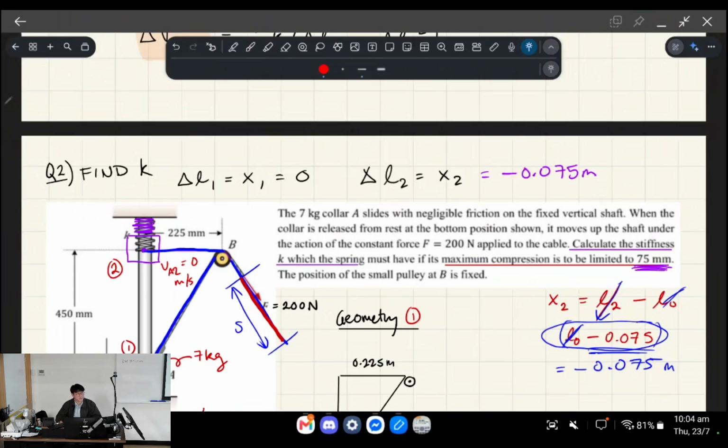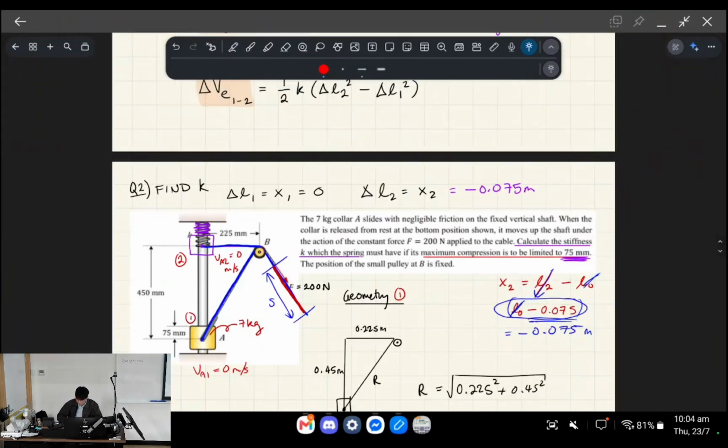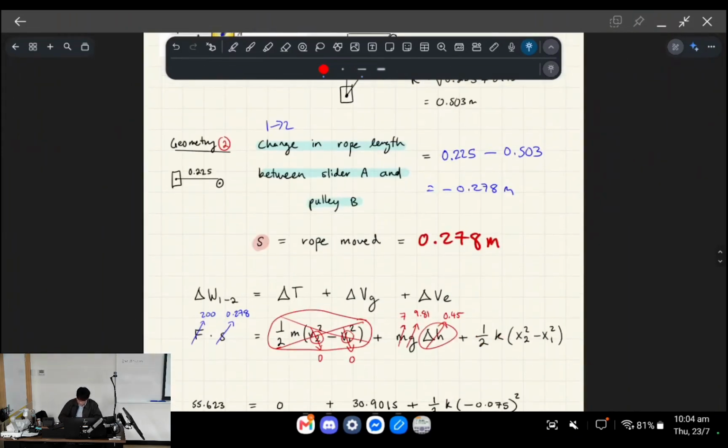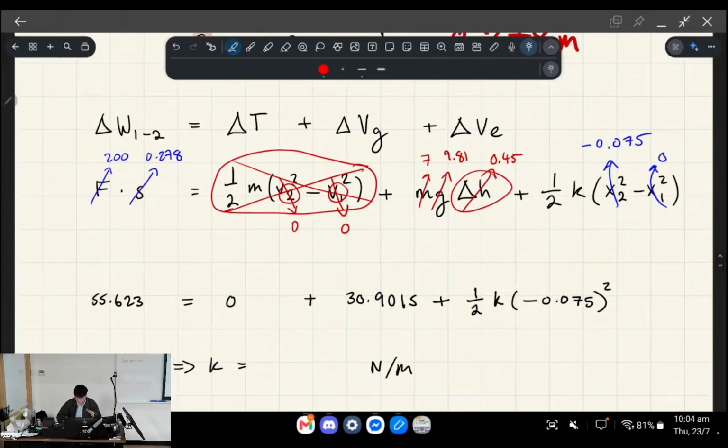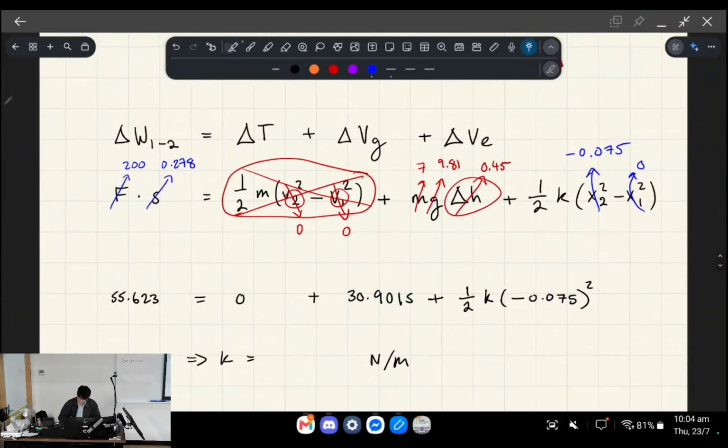Does that make sense? If you got a negative x2 value, it just means that's how much it's compressed relative to its equilibrium length. Anyway, let's sub that in. x2 is negative 0.075, x1 is 0, because in state 1 we haven't touched the spring at all.